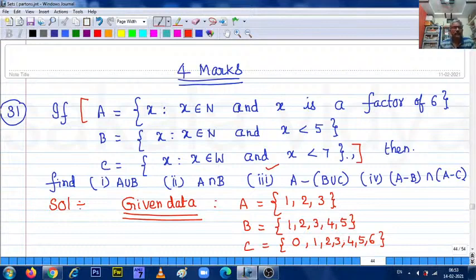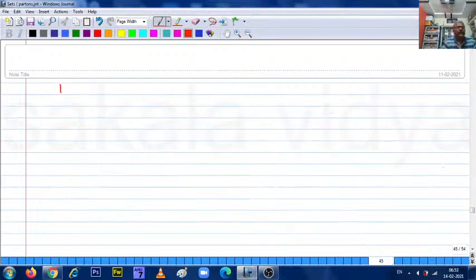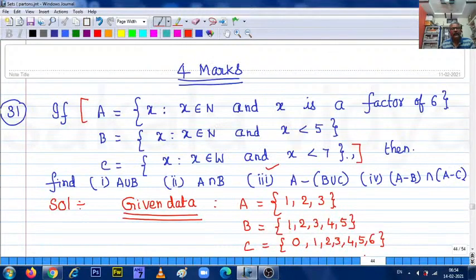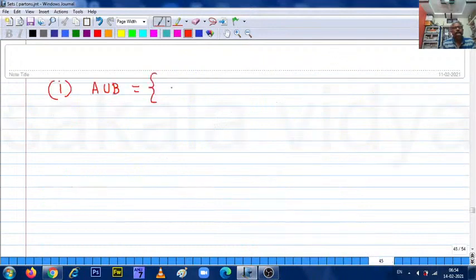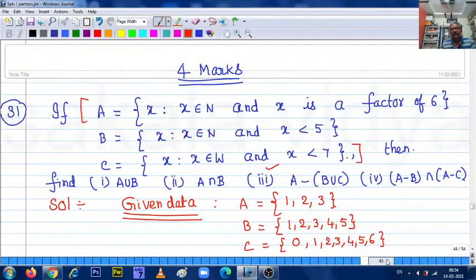So now let us go for the first question. A union B we need to find out. Set A is 1, 2, 3. Union set B, what is set B? Set B is equal to 1, 2, 3, 4.